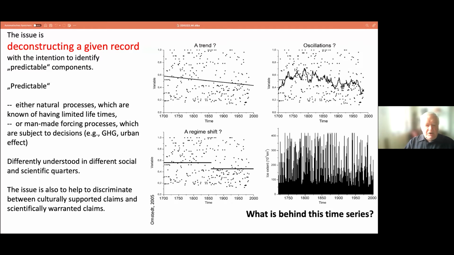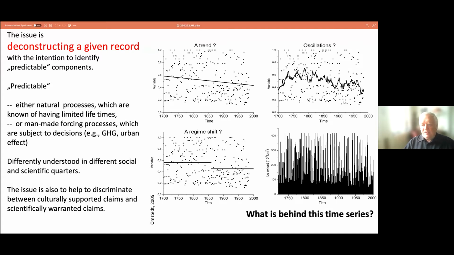Of course, these words are differently understood in different social and scientific quarters. And the issue is also to help to discriminate between culturally supported claims and scientifically warranted claims.